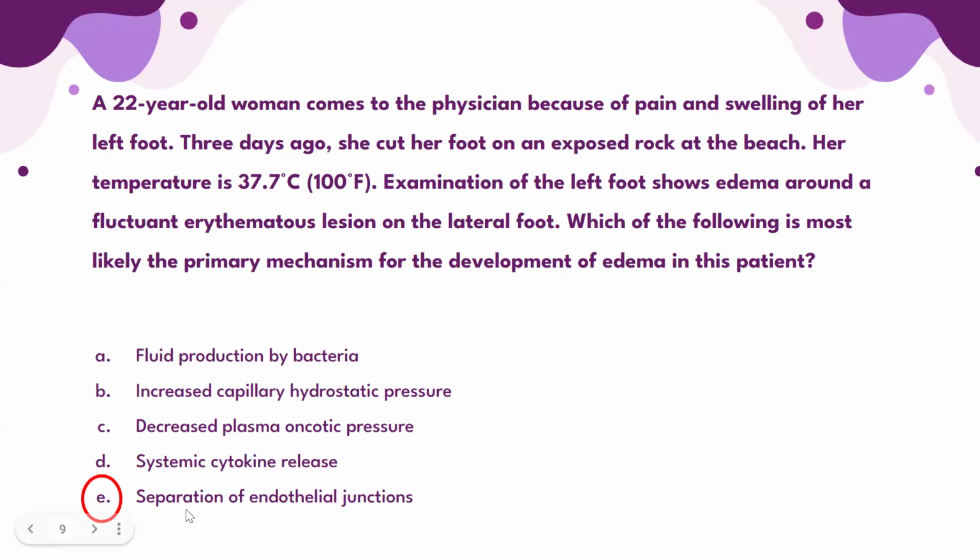How does that happen? When you first get a cut, you get hurt. Mast cells get activated. What happens then is that they degranulate, they release histamine, and we know that histamine is one of the most important factors for causing increased vessel permeability. That ends up happening through the separation of endothelial junctions, and so more fluid leaks out. That's what causes edema.